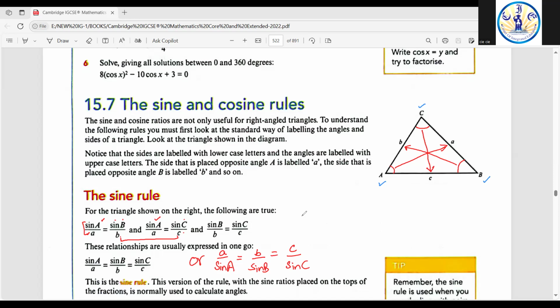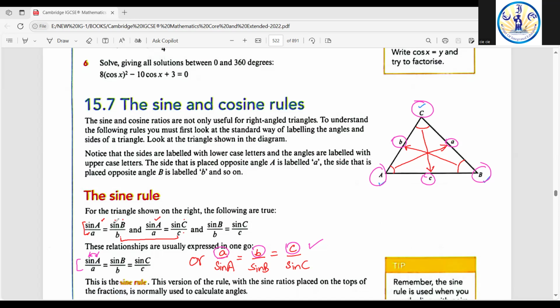Normally, I suggest to my students that if you need to calculate any of the sides, either a, b, or c, use this format, keeping the side in the numerator. And if you need to find an angle, either A or B or C, use this format in which the angle is in the numerator.